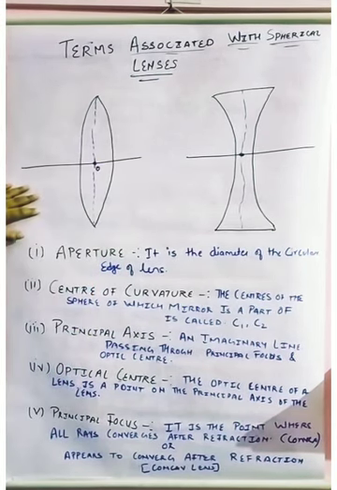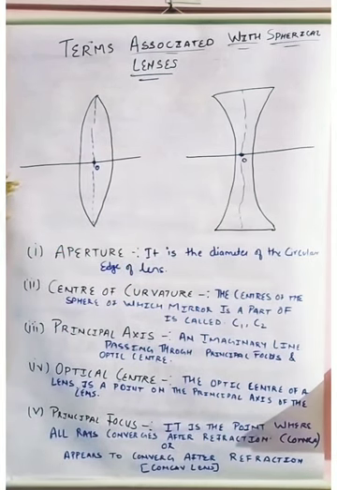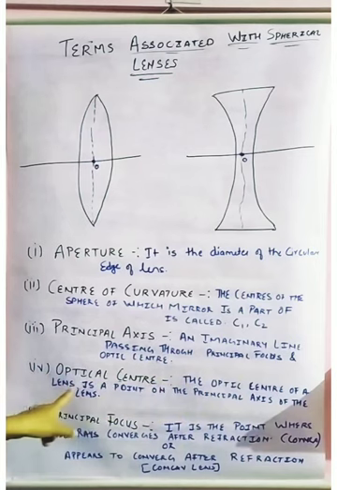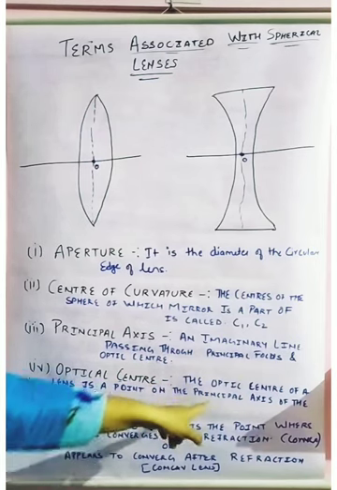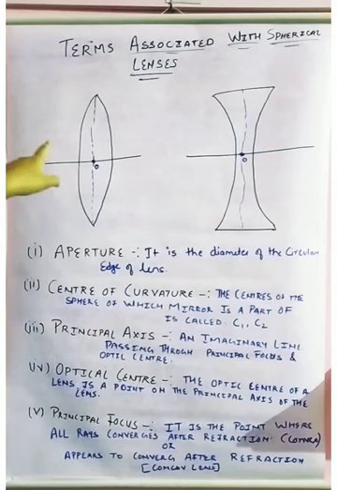It is denoted by O. The optical center of the lens is a point on the principal axis of the lens. This optic center acts the same as the pole in the mirror. I am comparing and teaching you.